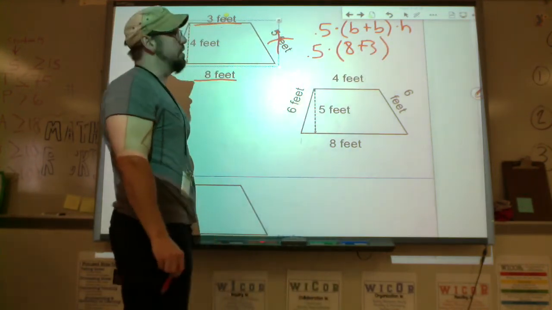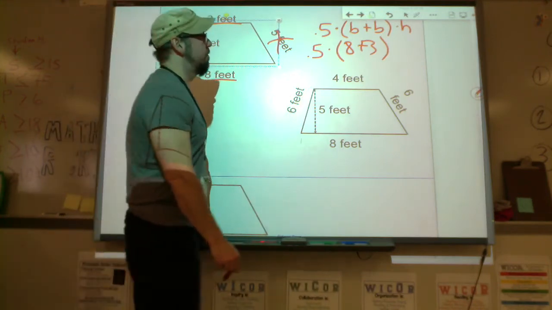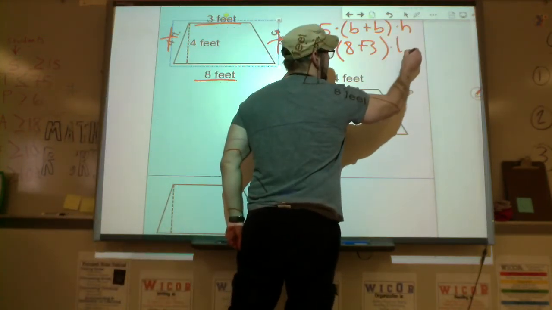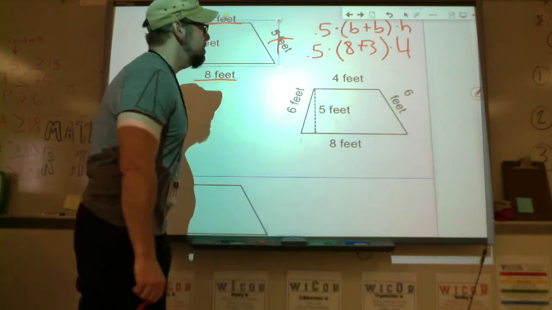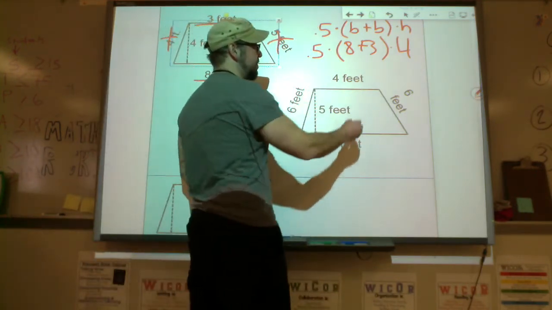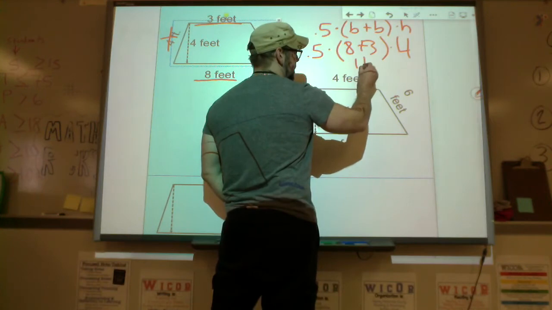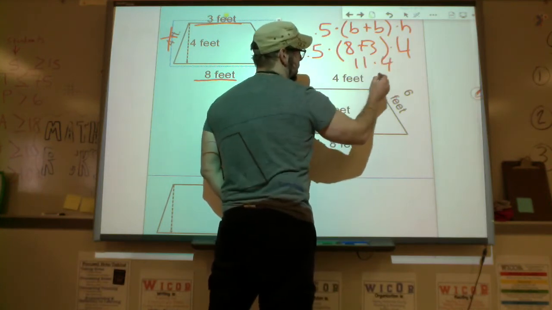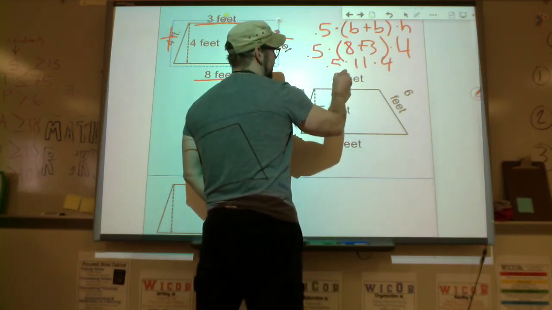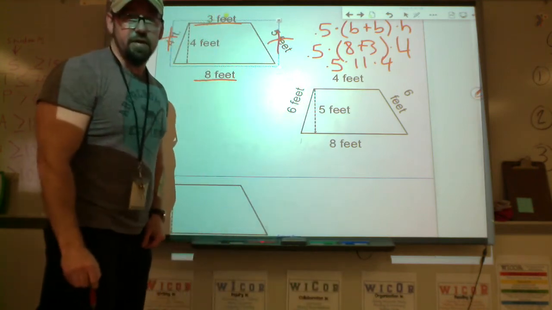A little sloppy here, a little rusty. And then my height is 4, so I times that by 4. I'm going to add 8 and 3, which is 11. Times that by 4. Times that by 0.5. Sorry if that's a little sloppy.